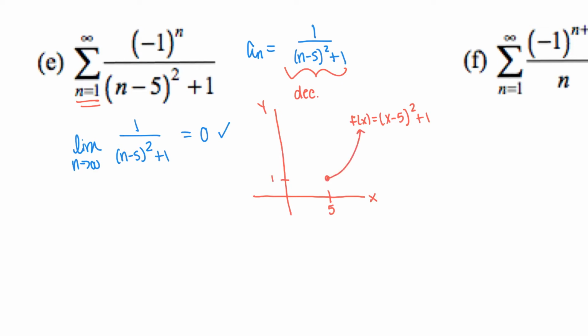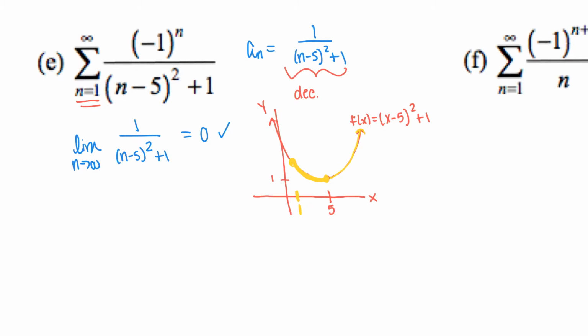And since it's a quadratic, it's a parabola opening up, right? So think about that denominator and what's happening starting at 1. I would be decreasing from 1 to 5 and then increasing from 5 to infinity.